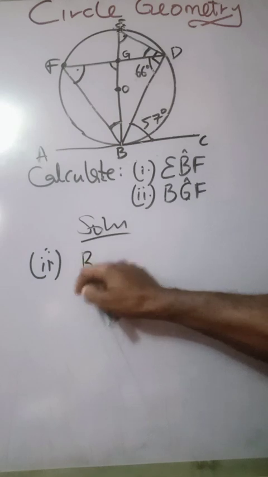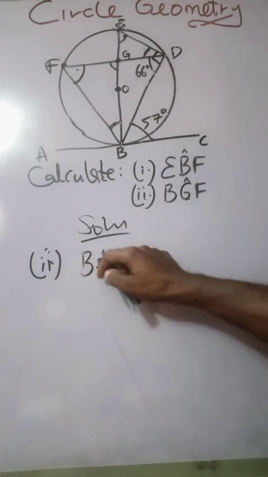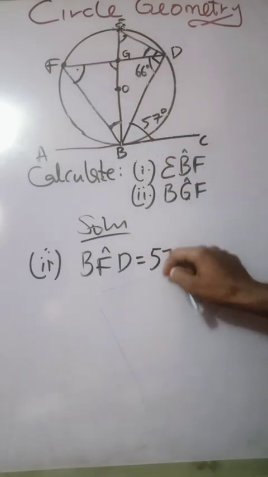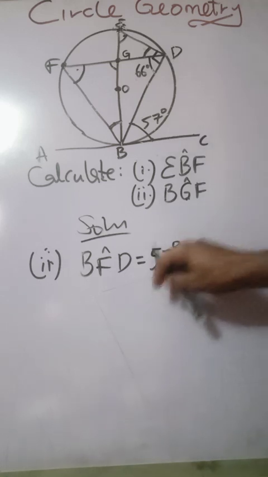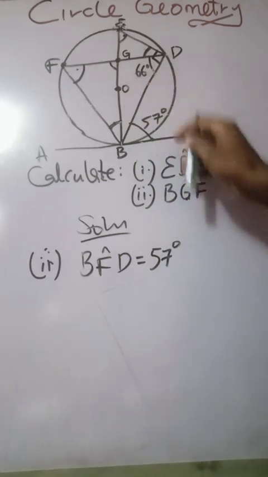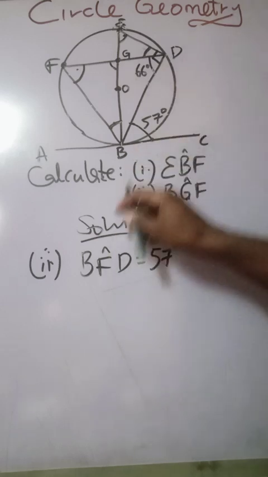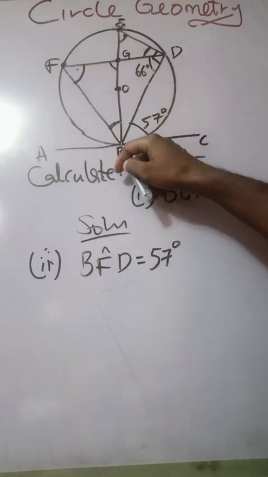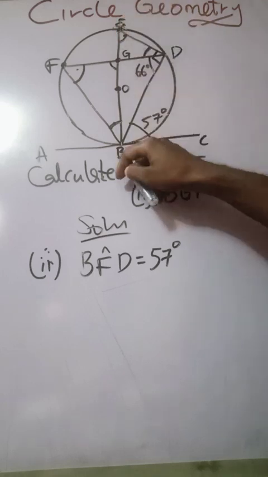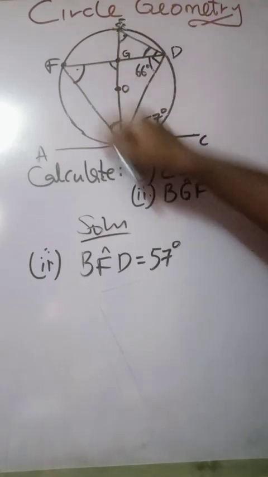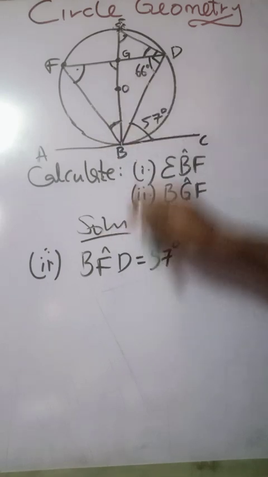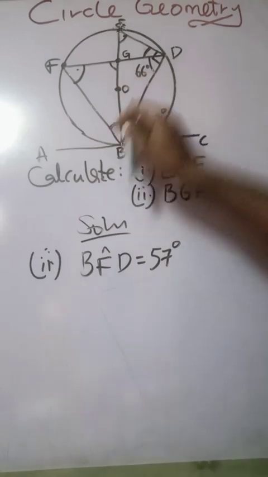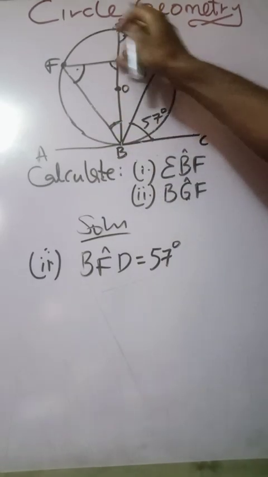Angle BFD, or you can call it BFG, is equal to 57 degrees, and the reason is alternate segment. Now the next thing you want to do is, since we have angle FBE or EBF as 24, we'll just go ahead to find angle BGF.